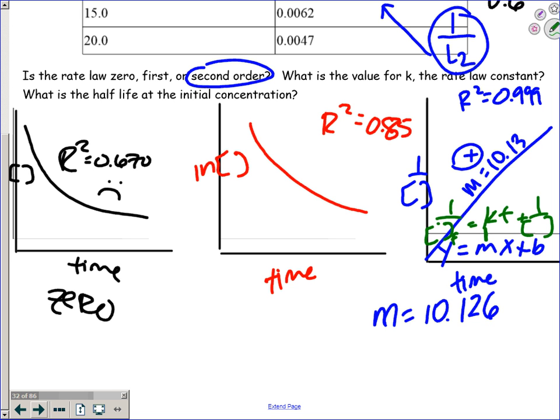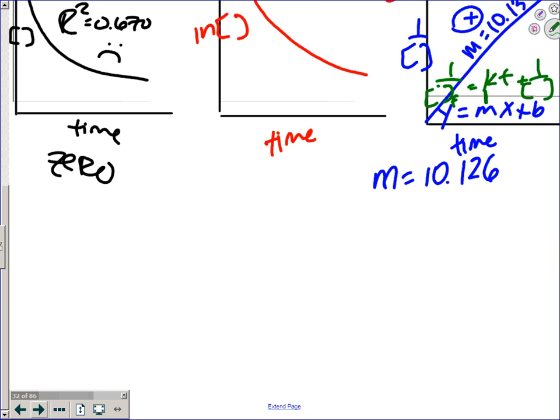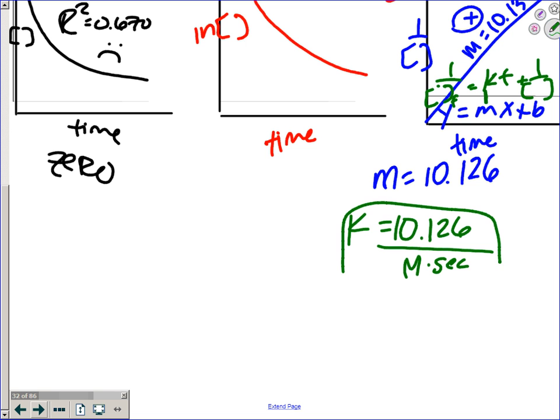All right, so I already know the value of K, but what are the units of K, given that it's a second order reaction? Molar seconds, good, one over molar seconds, because it's a second order reaction. Okay, go back to your notes. What is the second order half-life equation?